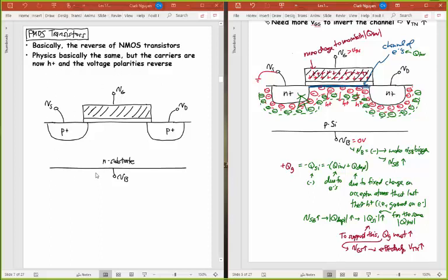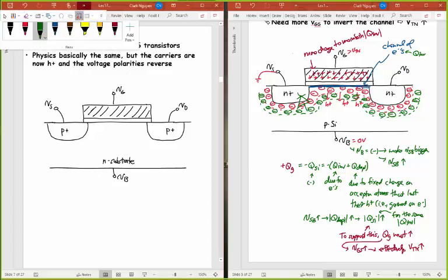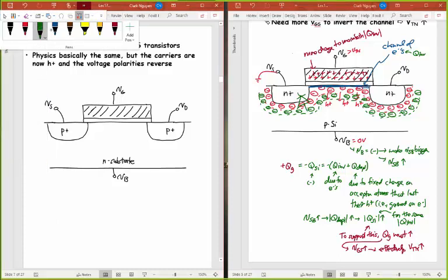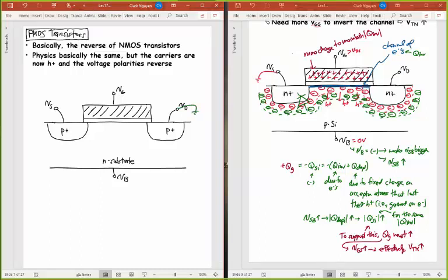And so for this PMOS transistor, if I wanted to get this functioning the way you usually see it in a circuit, then now I would put ground on my drain, and I would put a high voltage on my source. And so in this case, maybe this will go to VDD, which could be my supply voltage here.